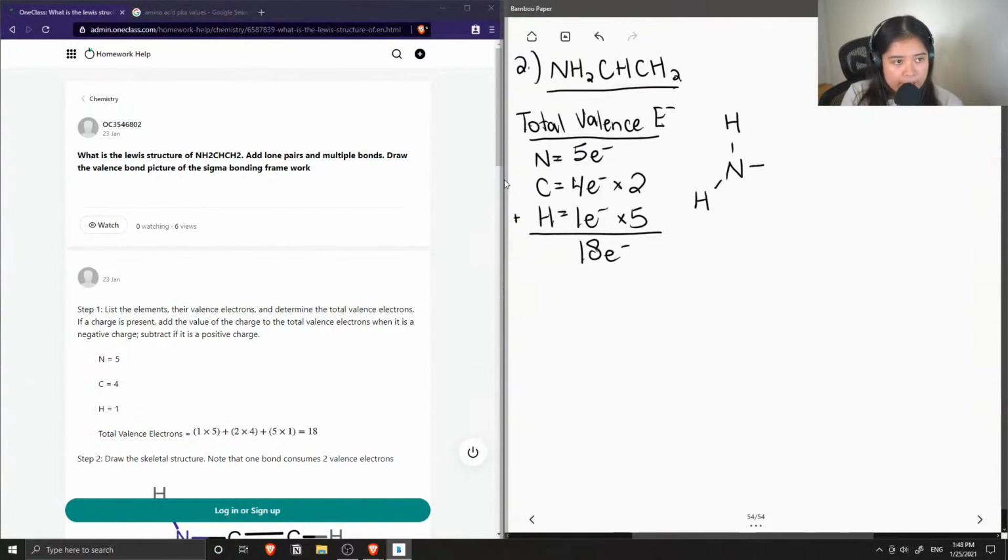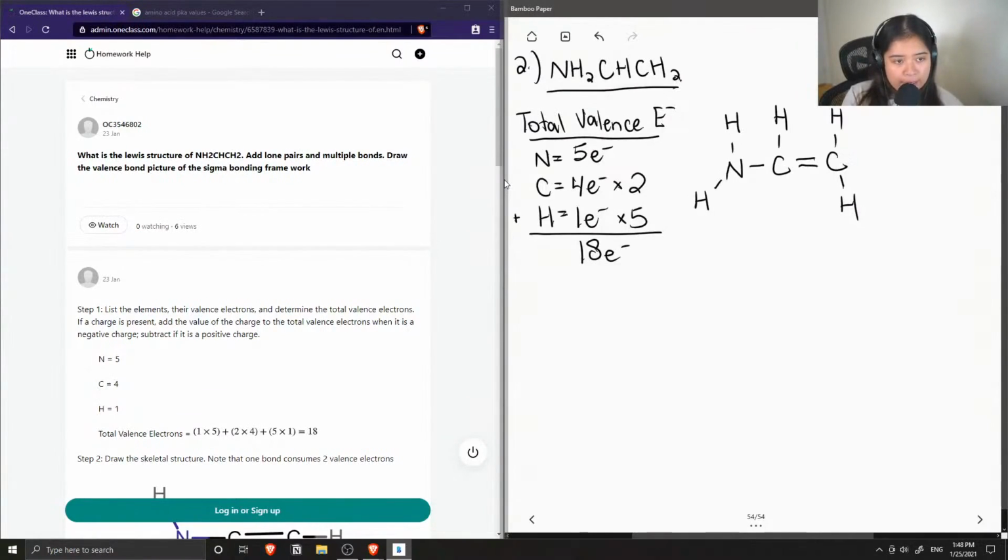We have a nitrogen with 2 hydrogens bonded to a carbon with 1 hydrogen bonded to another carbon that has 2 hydrogens. Notice that both of the carbons don't have a full octet yet, and the easiest way to solve this is just to add a double bond in between the 2 carbons.